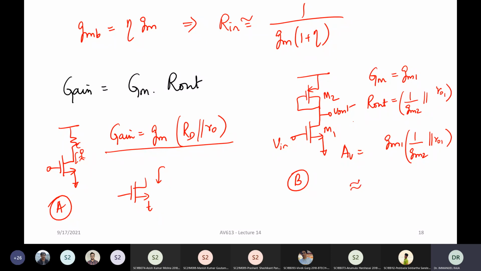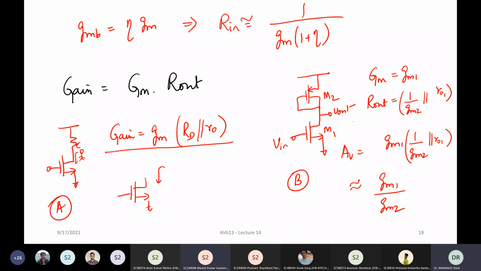If you compare the value of r01 and 1 by gm2, especially with a longer channel length, r01 will be much higher than 1 over gm2. Approximately it will be gm1 by gm2. You can verify this by going through the full small signal equivalent circuit and the entire analysis.